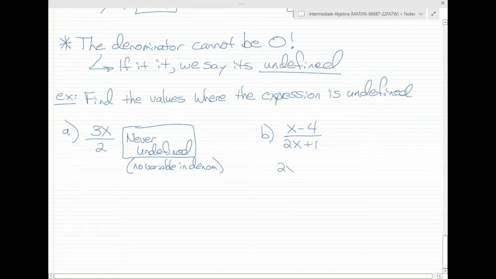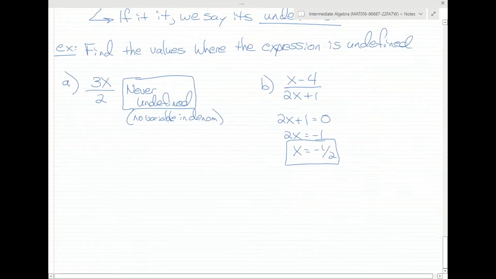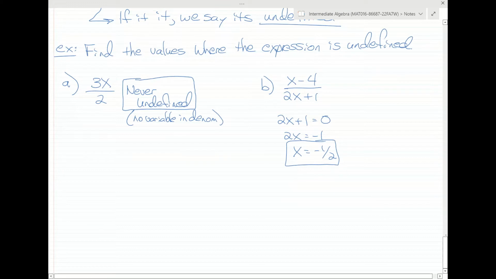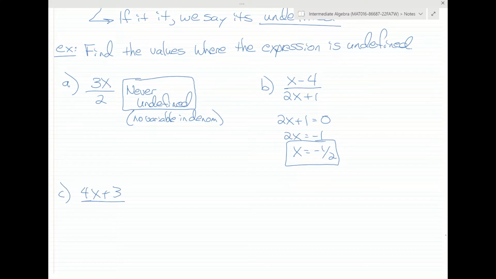Well, when is 2x plus 1 equal to 0? That would be at negative 1/2. What if we had (4x + 3) over 2x? We're trying to figure out when that's undefined. Well, you just make the denominator 0. And this one's simple. It's when x is 0.